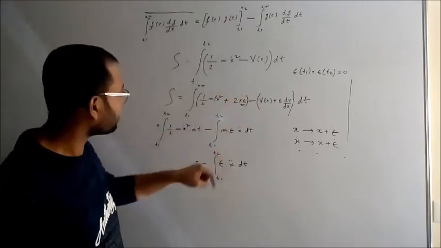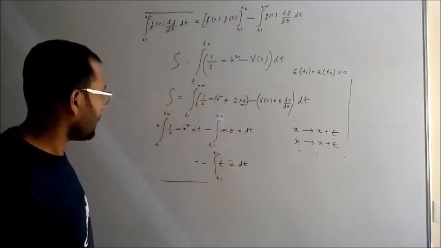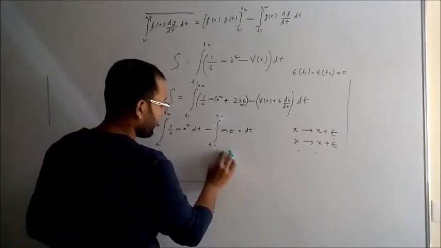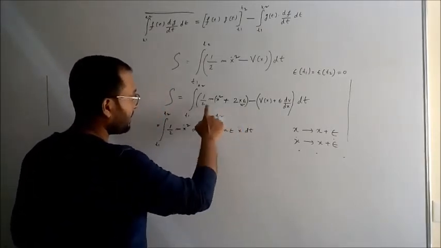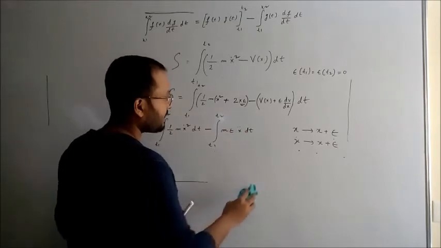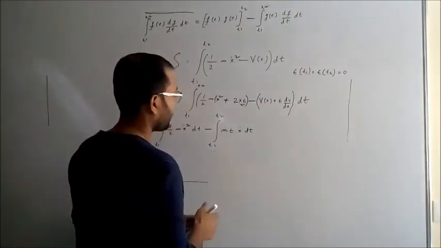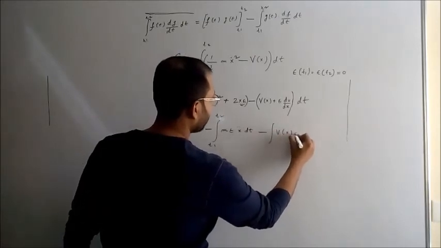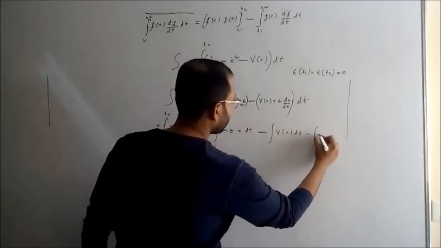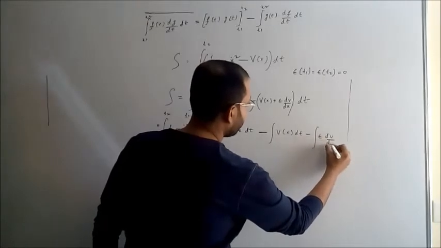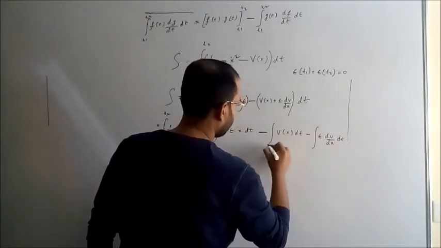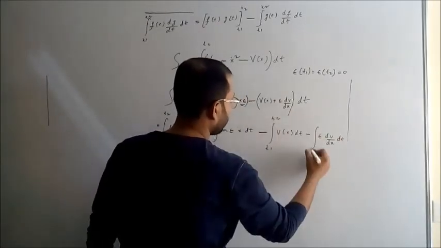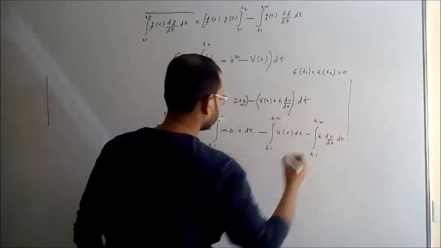I substituted it. So these are the two terms which come from here. The next term is minus integration V x dt minus integration epsilon dV by dx dt, and all integrals are from time t1 to time t2.